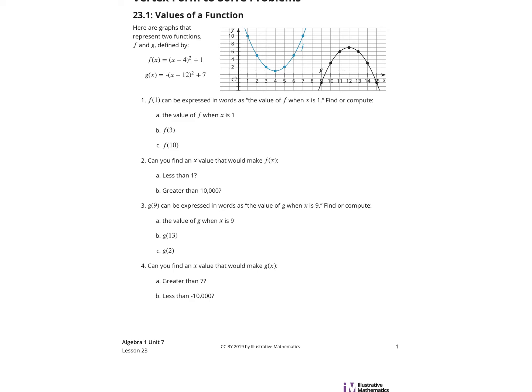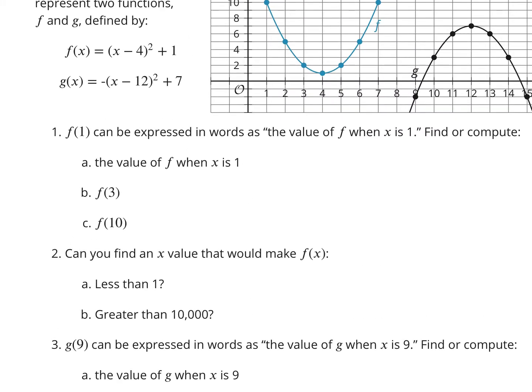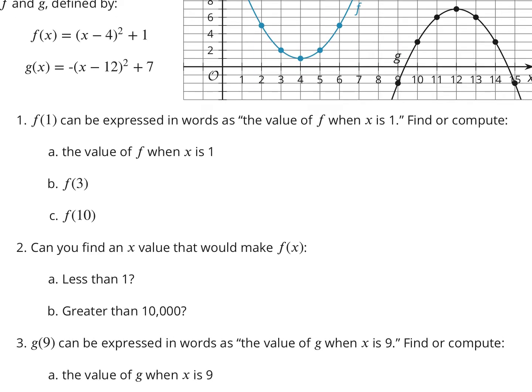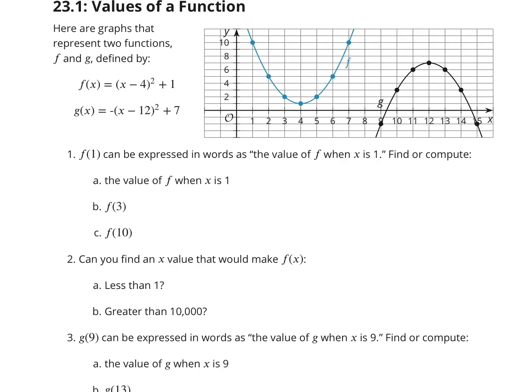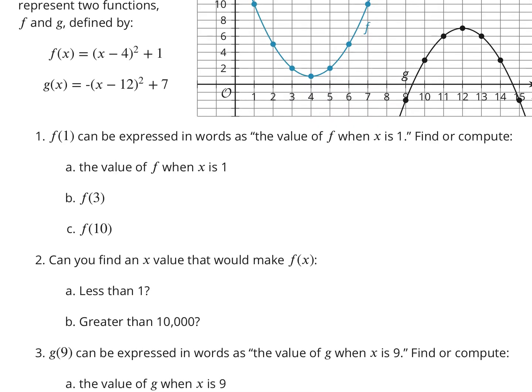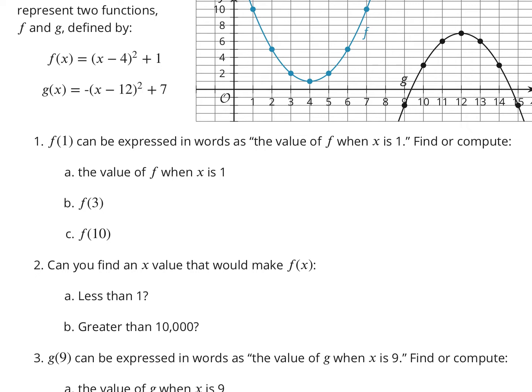All right, let's go ahead and take a look at question 1. Question 1 says f of 1 can be expressed in words as the value of f when x equals 1. Find the value of f when x is 1, the value of f of 3, and also f of 10. For these, all you're doing is plugging in the value for x in each of these 3 situations.